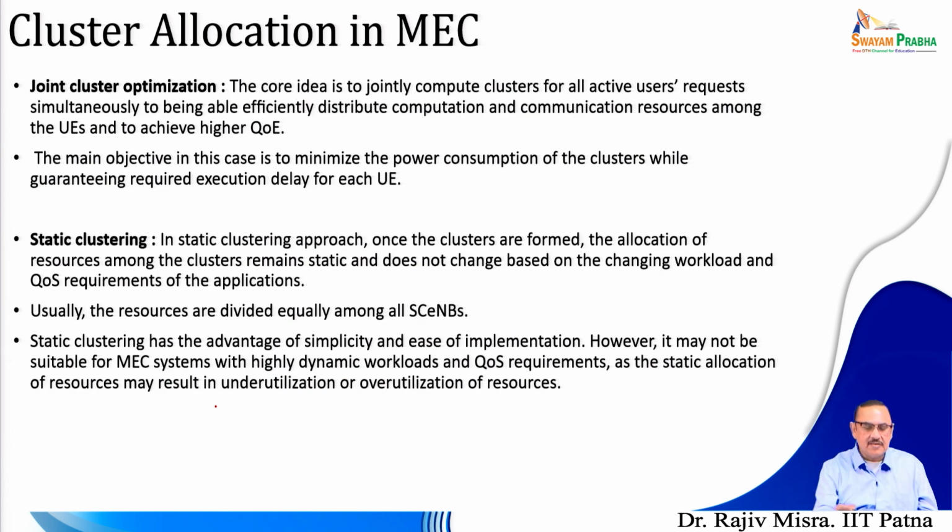The joint cluster optimization core idea is to jointly compute the clusters for all active user requests simultaneously, to efficiently distribute computation and communication resources among the user equipment and to achieve higher quality of service. The main objective is to minimize the power consumption of clusters while guaranteeing the required execution delay.